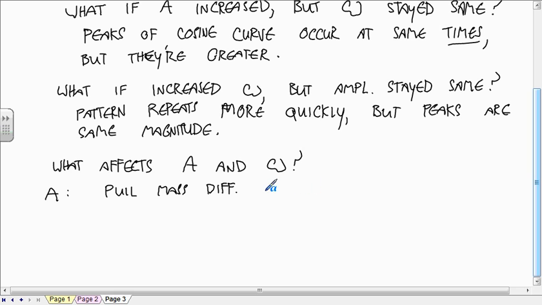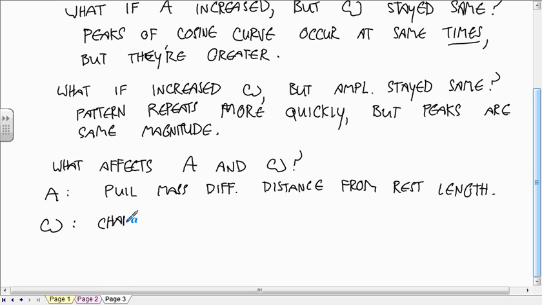So if you pull the mass a different distance from the resting length, you get a different amplitude. Physically, what things in the system would you think might affect how quickly the pattern repeats? What? The spring constant is 1? Yep. And there's one other one. The mass, exactly. Those are the two things that affect it.